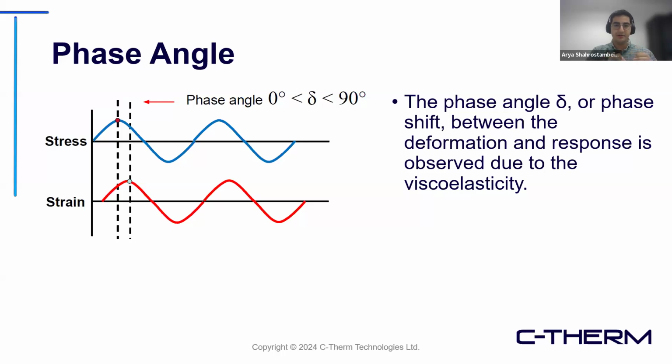That amount of time that you have to wait while your material relaxes shows itself in this stress strain graph by a phase angle. There's a certain delay for your material to show that deformation after undergoing a certain force. The phase angle, or delta, or phase shift between the deformation and response is observed due to the viscoelasticity.